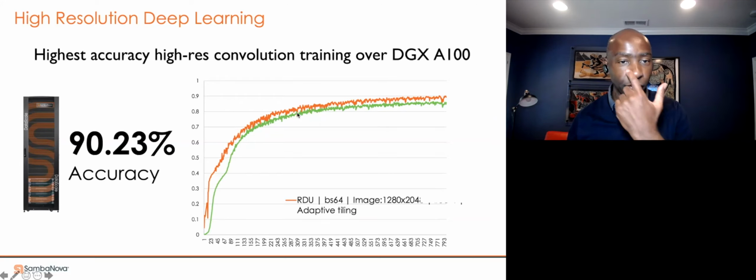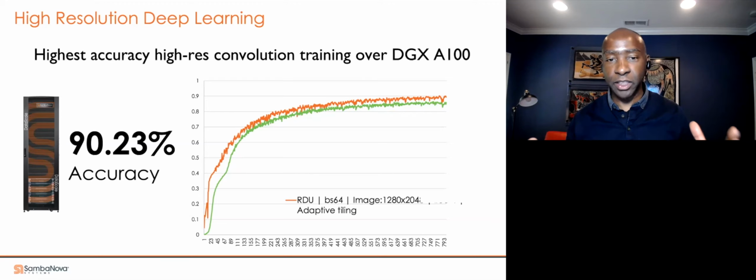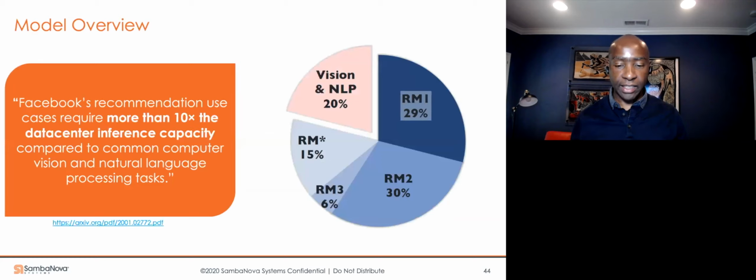And we've got some recent results for medical imaging, showing dramatically better capability in detecting early stage cancer by using higher resolution images than you can actually process on a GPU. So higher resolution imaging is a key component.